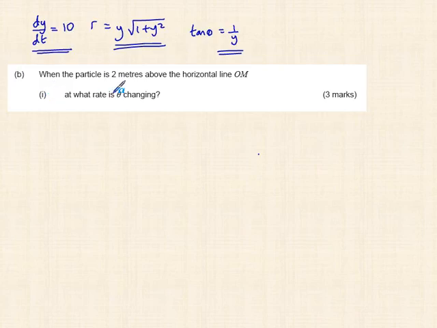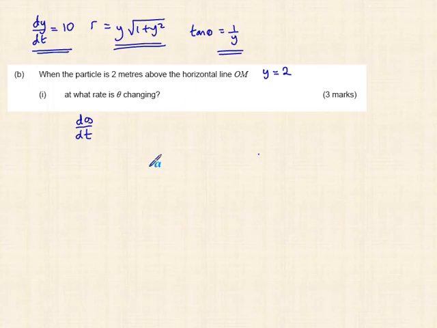When the particle is 2 meters above the horizontal line OM, so that's y equals 2, at what rate is theta changing? So we want d theta/dt. We have dy/dt, so we could use this here.